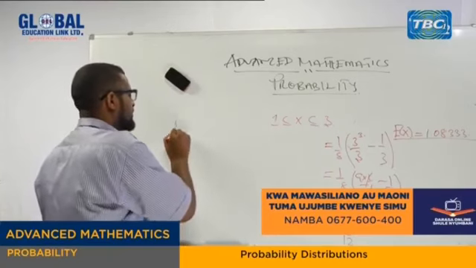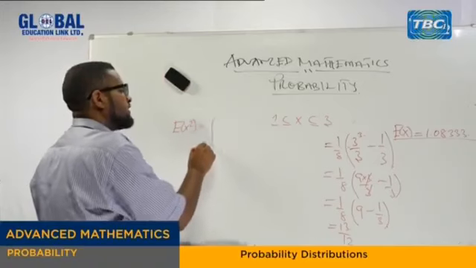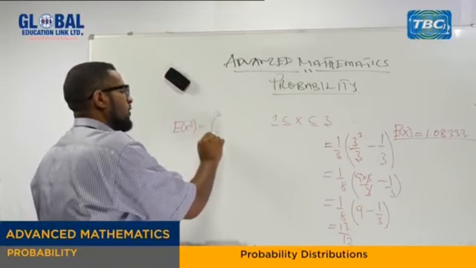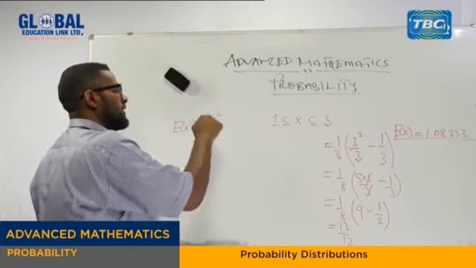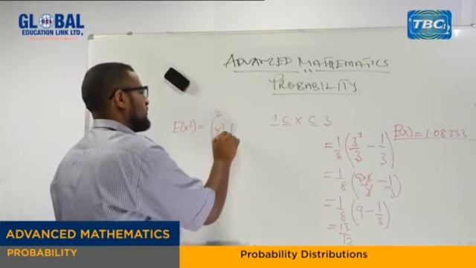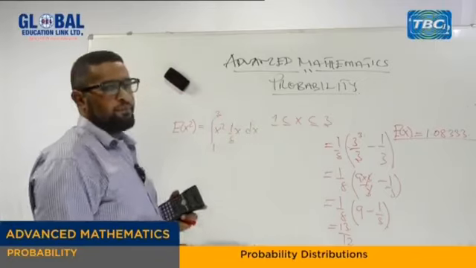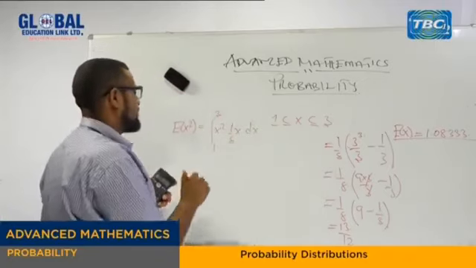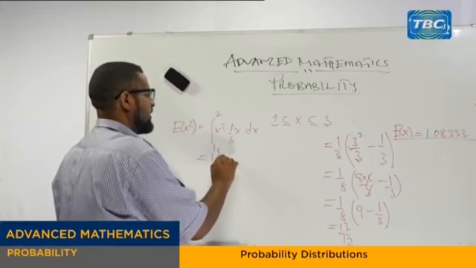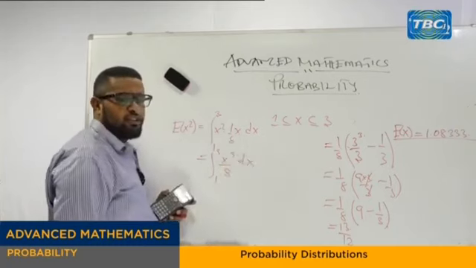So the expectation of the variable when it is squared will be the integral from 1 to 3 of x squared, which is from the formula, times our function 1 over 8 x, dx. Thereafter it is just simplification. The integral from 1 to 3 here is x power 3 over 8 dx.